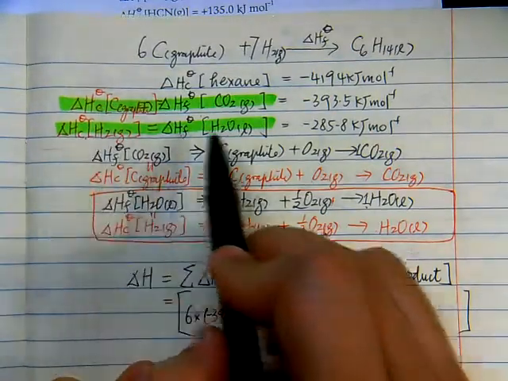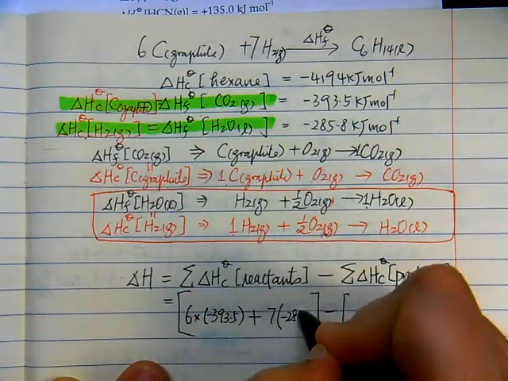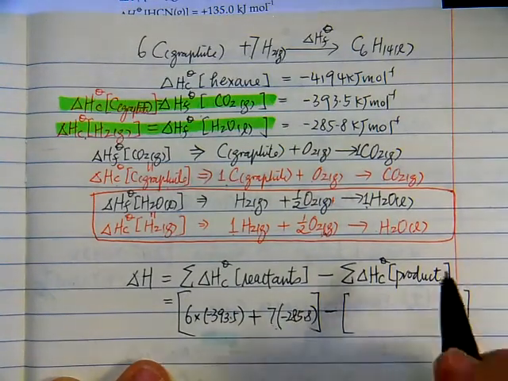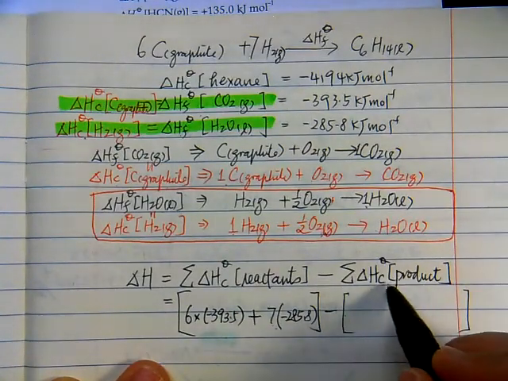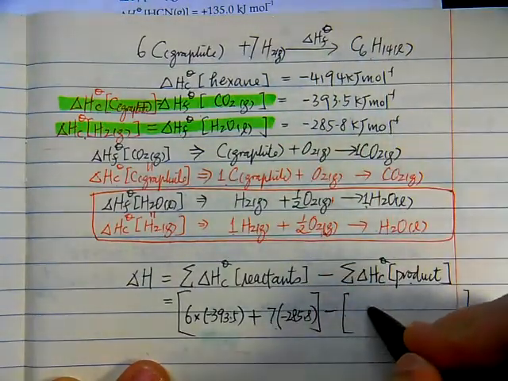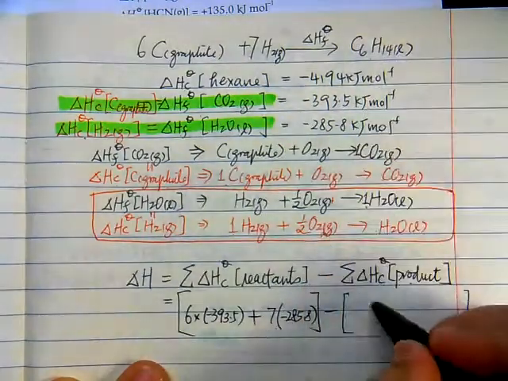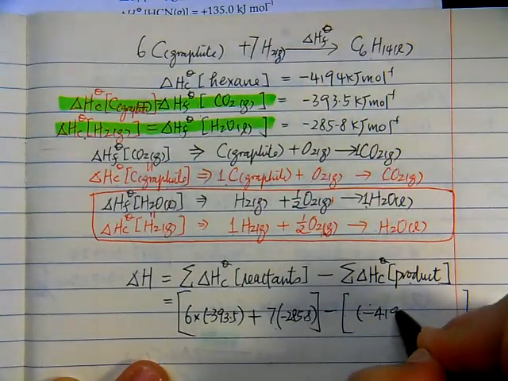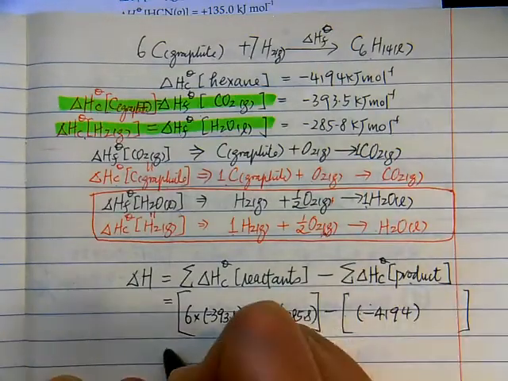For each mole, the delta H is given, therefore multiply them together. Minus the standard enthalpy change of combustion of product. Look at the product. We have only 1 mole of combustion of hexane, which is negative 4194.